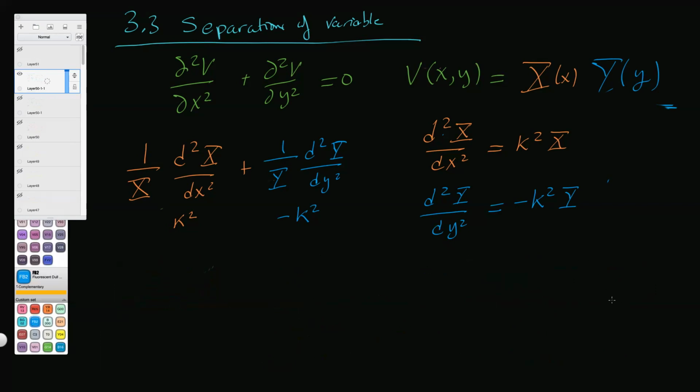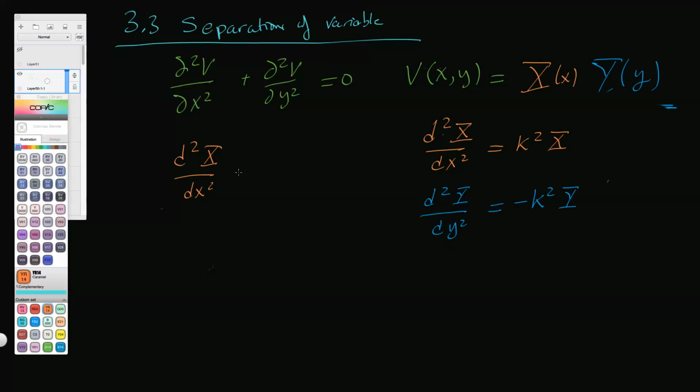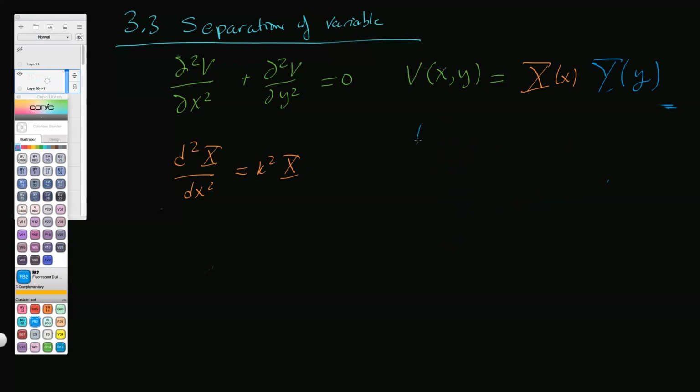I'm going to rearrange this a little bit and write this equal to k squared x, and over here, d squared y dy squared is equal to minus k squared y. Okay, so we'll solve them now.